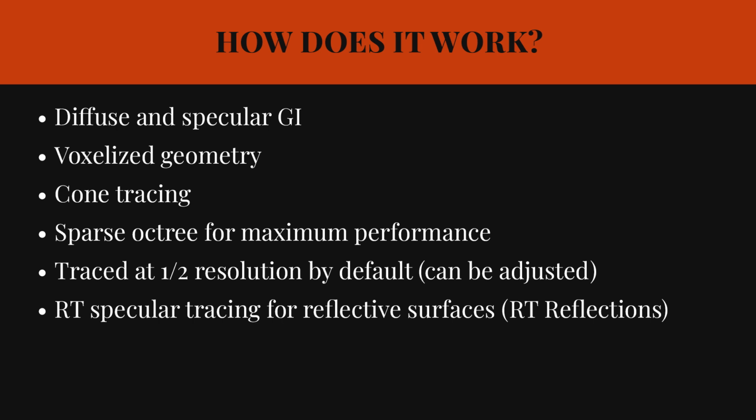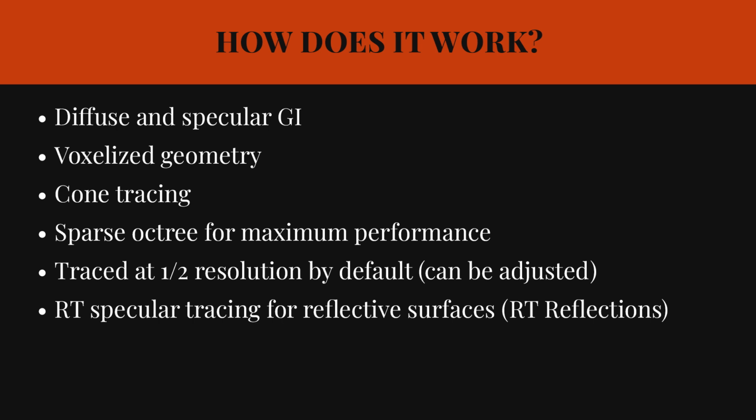And for reflective surfaces specifically, we layer in RT specular tracing. This is where Voxel GI hybridizes with hardware ray tracing rather than replacing it outright. Cone tracing through a voxel structure is excellent for broad, soft indirect lighting and rough reflections.